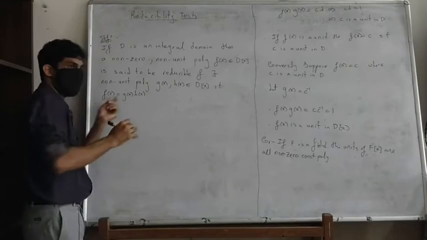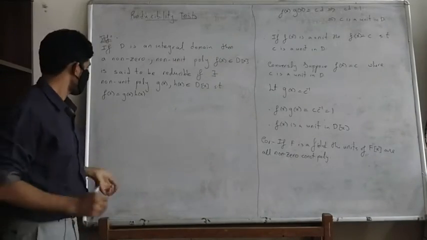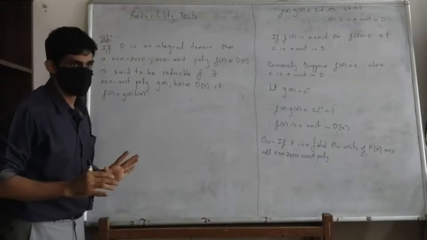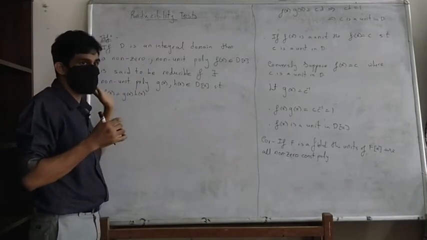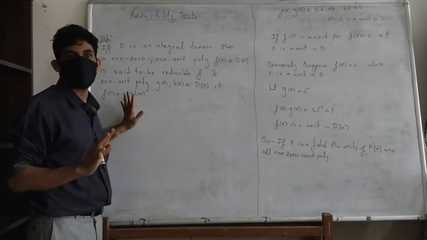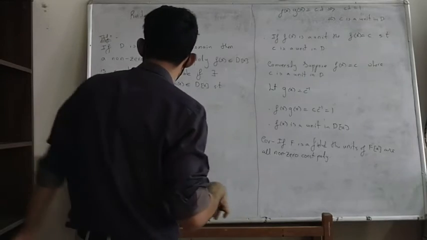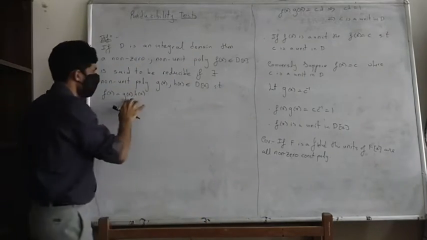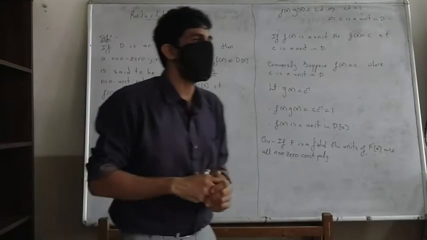So I can break it down into a product of non-units. These are non-invertible elements. If you allow for these to be invertible, anything will be able to be broken down in this manner. So that's not fine.